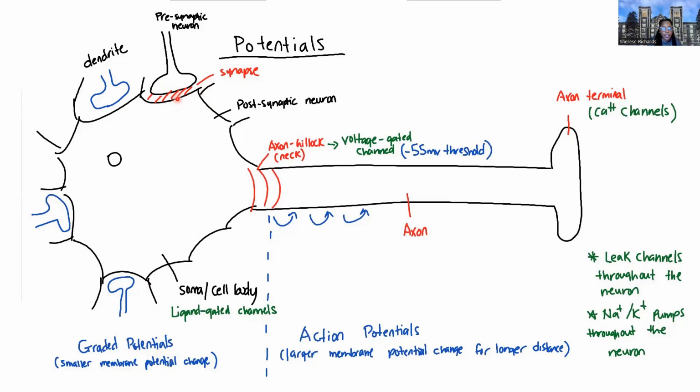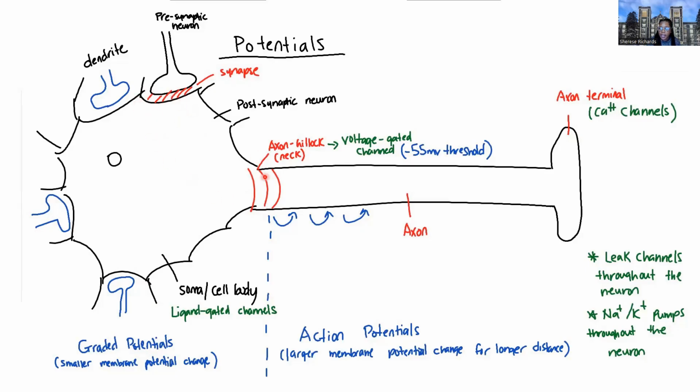And so it's important to think about the types of graded potentials as well. We're going to review that in detail coming up, but just knowing where on the neuron those are being received is important. So these can be IPSPs or EPSPs, depending on how they change the membrane potential. But these are much smaller membrane potential changes and they're not maintained, right? They sort of dissipate when they move further away from their original site.